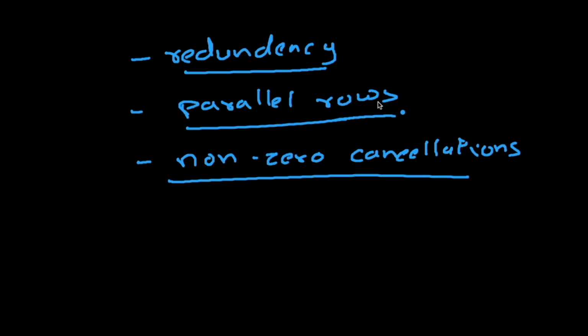We also discussed parallel rows and nearly parallel rows, how to detect them, what engineering things are done to detect them, and what exactly we can do when we detect them. And then finally we discussed non-zero cancellations, reducing the number of non-zeros in our constraint matrix, which leads to some speedup.